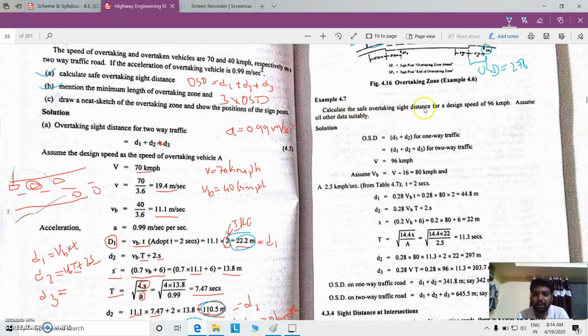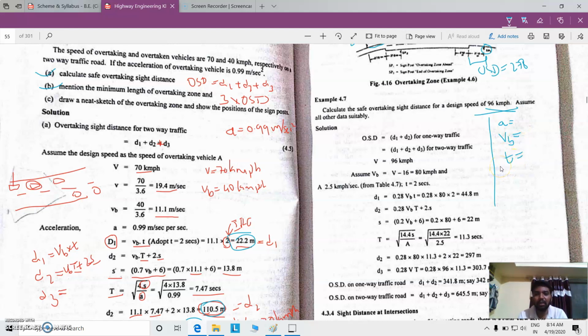Calculate the safe overtaking sight distance for a design speed of 96 kmph. Assume all other data suitably. Here, other data means they have not given the acceleration of the vehicle, the overtaken vehicle speed, and the reaction time of the driver.